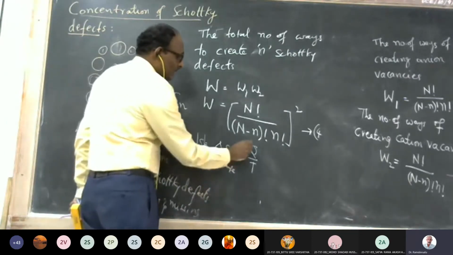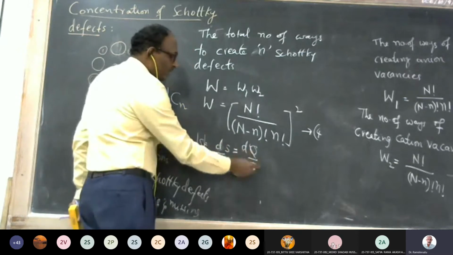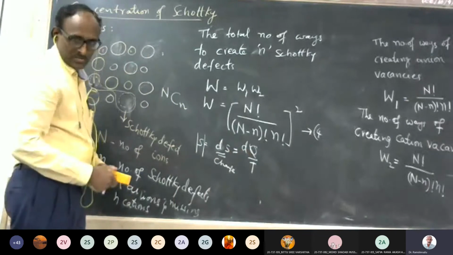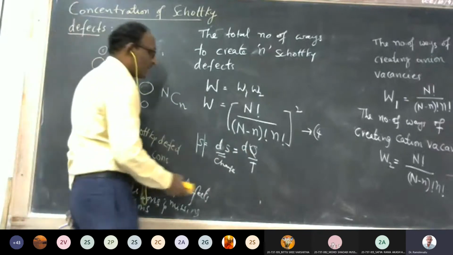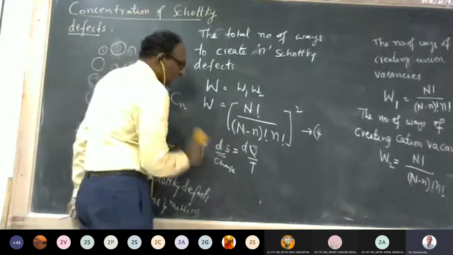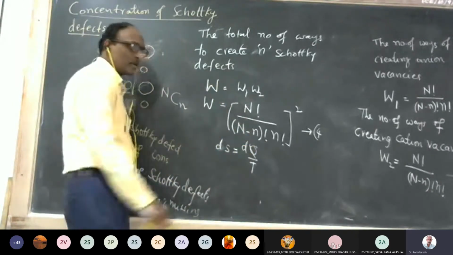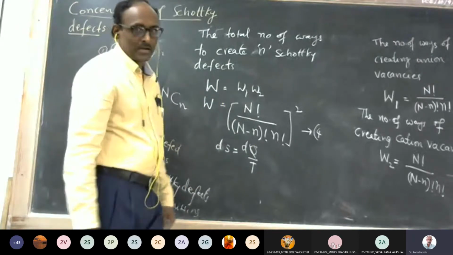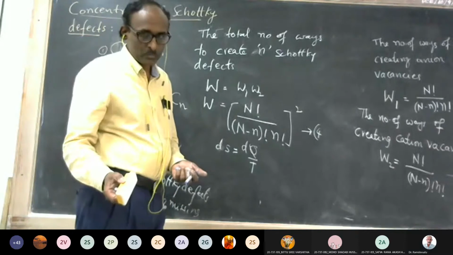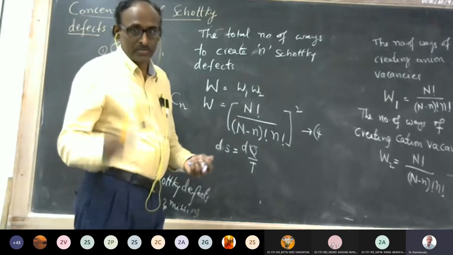So we write dS is equal to dQ by T, or dQ is equal to TdS. That is the TdS equation, which you might have studied in chemistry thermodynamics. Now, dS is equal to dQ by T, an entropy that represents randomness or order, or disorder in a solid. That is called the thermodynamic definition.